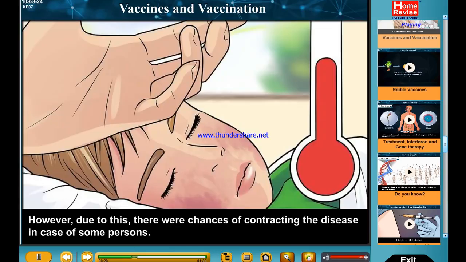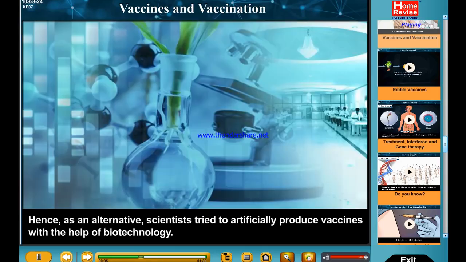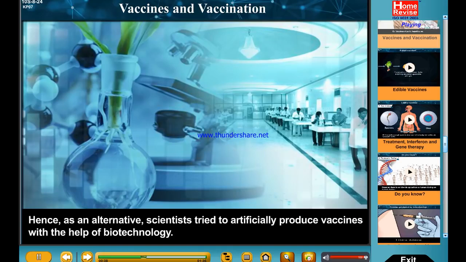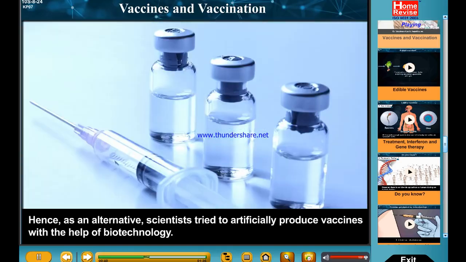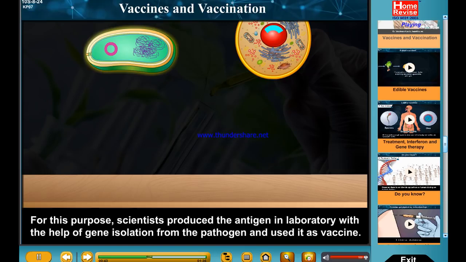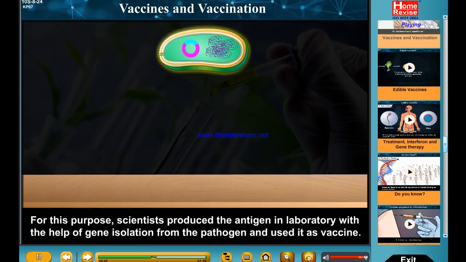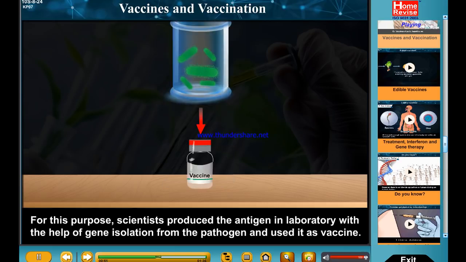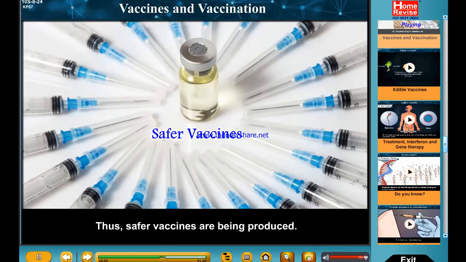However, due to this, there were chances of contracting the disease in case of some persons. Hence, as an alternative, scientists tried to artificially produce vaccines with the help of biotechnology. For this purpose, scientists produced the antigen in the laboratory with the help of gene isolation from the pathogen and used it as a vaccine. Thus, safer vaccines are being produced.